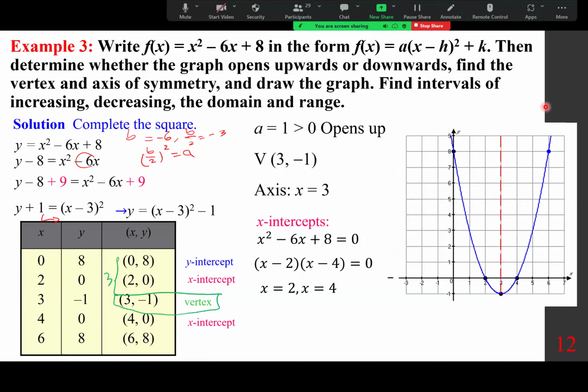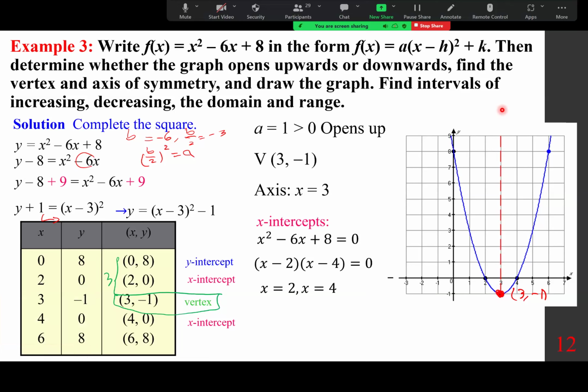And as you look at the graph, you can see, of course, the domain is all real numbers. The range, let's just write this here. This one has coordinates 3, negative 1. So the range goes from the y coordinate of here, negative 1, to infinity.